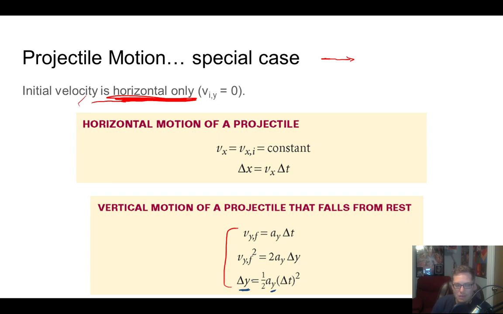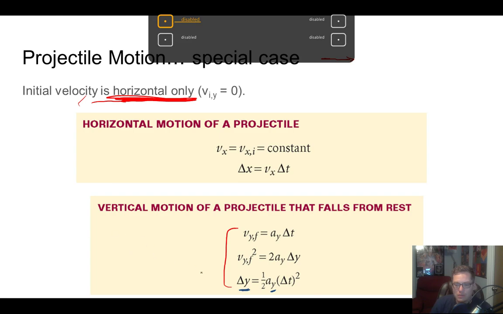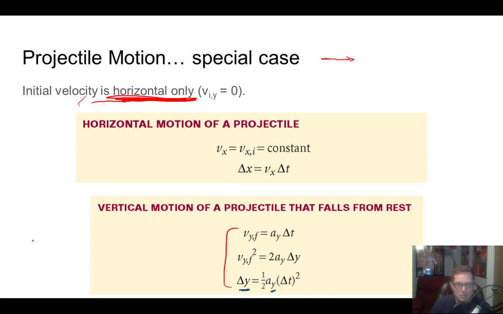In fact, if you think about it for a second, the original equation, remember, this is our special case, but the original equation was delta x is equal to vi t plus 1/2 at squared. That was our original formula. Well, think about this for a second. We changed it. Instead of going left and right, we're talking about y.